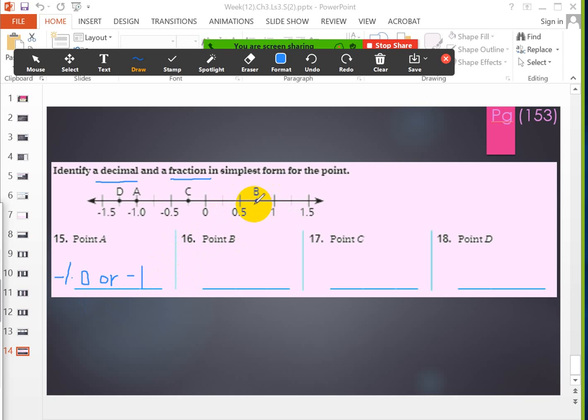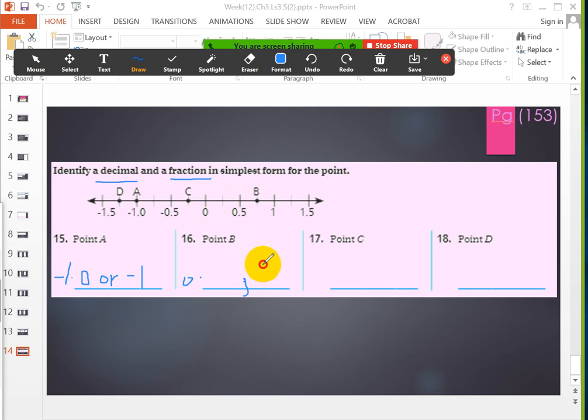I will tell you what the number on point B is. If I want to write it as a fraction, the distance between 0 and 1 is divided into 1, 2, 3, 4 parts, and I jumped 1, 2, 3 parts of 4.